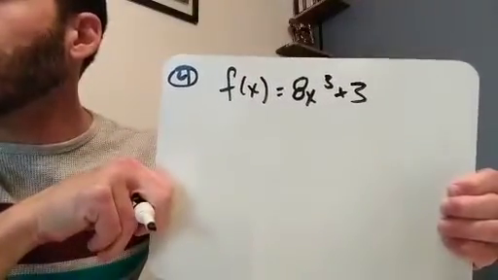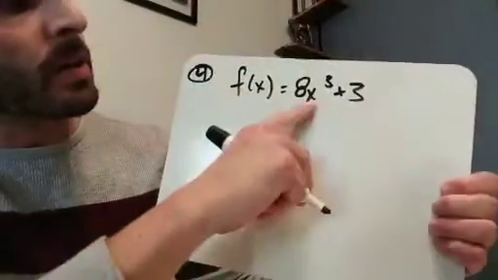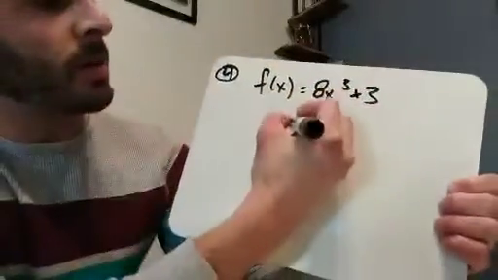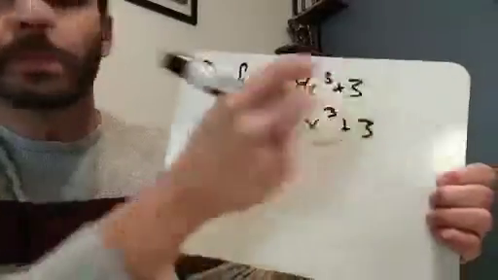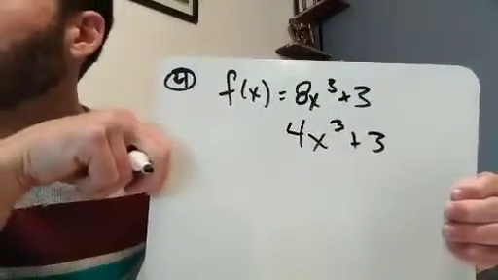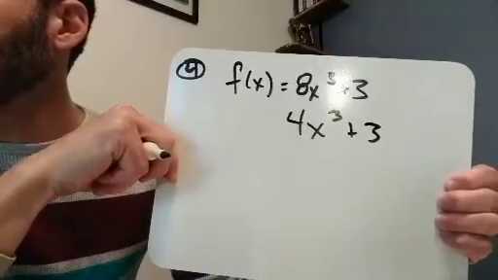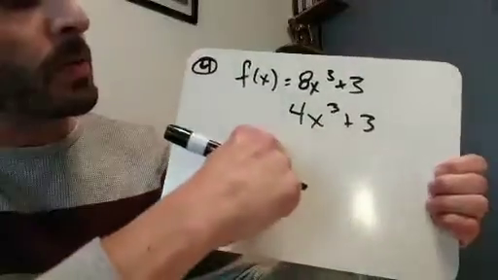So let the graph G be a horizontal stretch by a factor of 2. Okay, horizontal, it goes to just the x. Stretch by 2 means we divide by 2. So I'm going to have 4x cubed plus 3. And followed by a translation 3 units to the right of the graph of that. All right, so now I need to go 3 to the right.